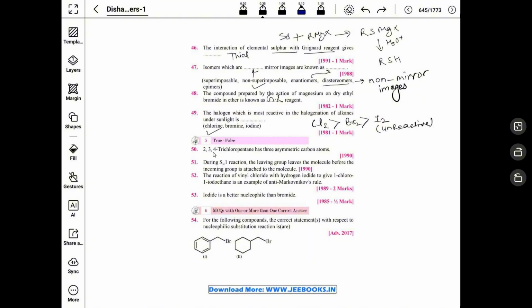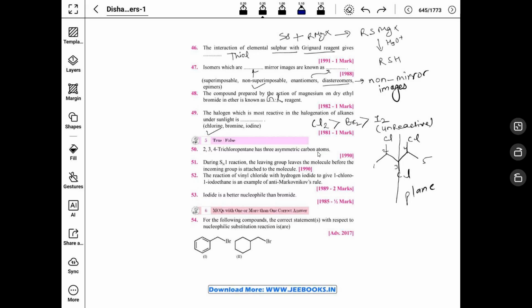Now, true or false. 2,3,4-trichloropentane has 3 asymmetric carbon atoms. So let's draw pentane: 1, 2, 3, 4, 5. Carbon 2 has chloro, 3 has chloro, and 4 has chloro. If you see, this compound has a plane of symmetry.